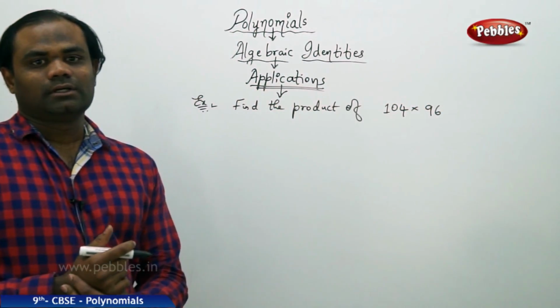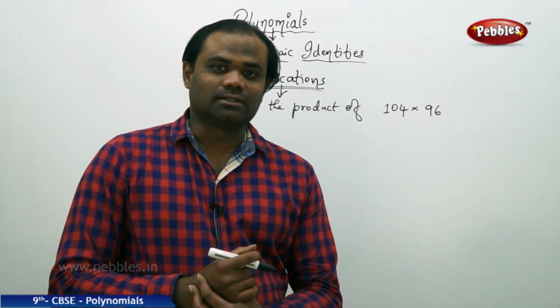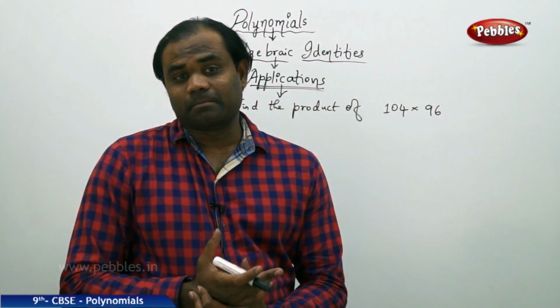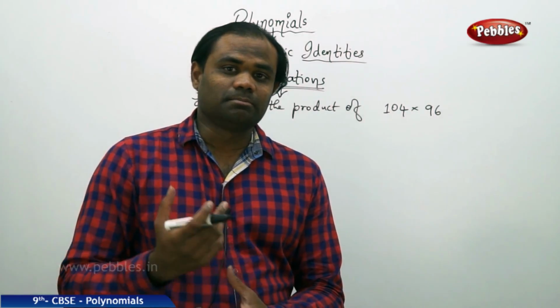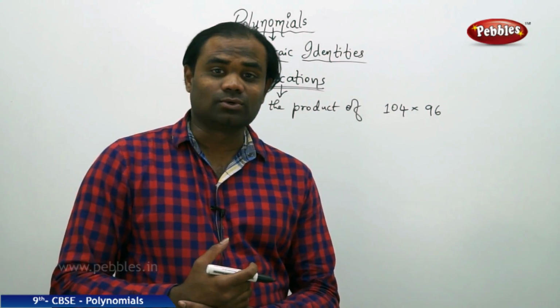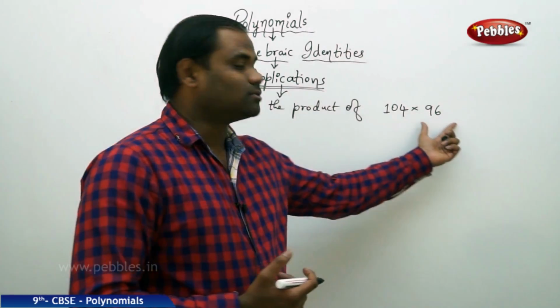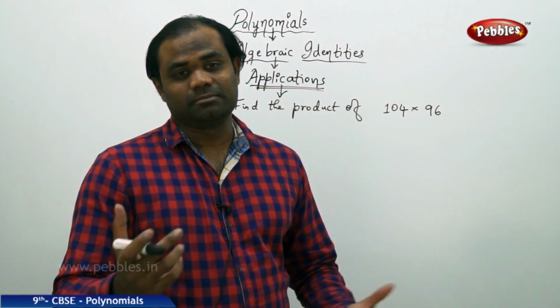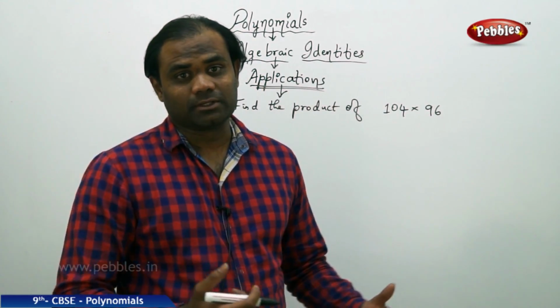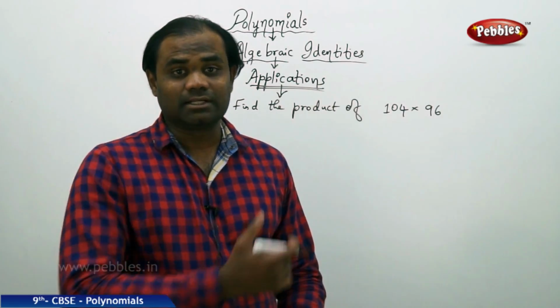Then we can do this by using the calculator or with general multiplication, but without using the simple multiplication process, we can just multiply the two numbers using the algebraic identities. Interesting, but yes, it can. Let's see how.